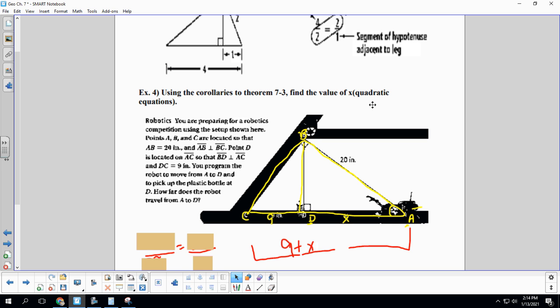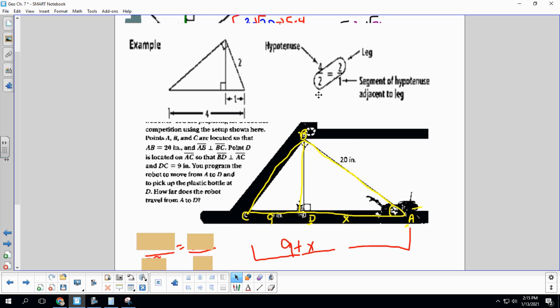Point D is located on AC so that BD is perpendicular to AC, and DC is equal to 9 inches. You program the robot to move from A to D and to pick up the plastic bottle at D. How far does the robot travel from A to D?